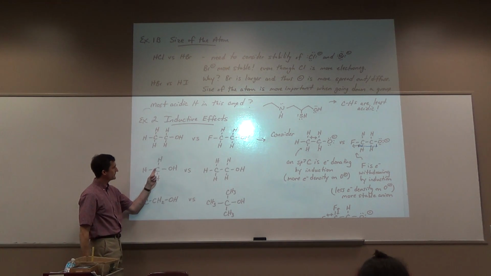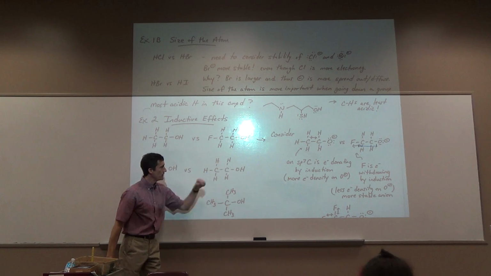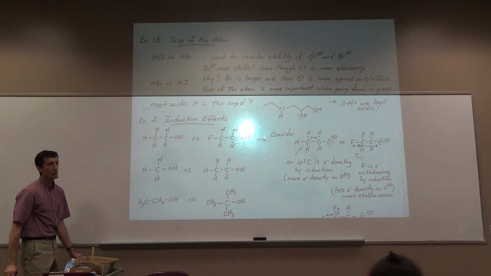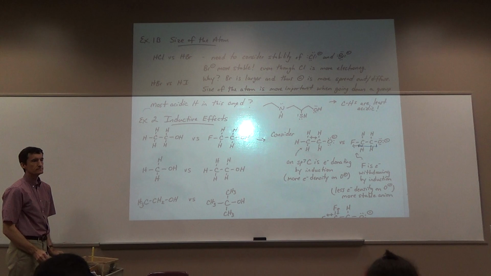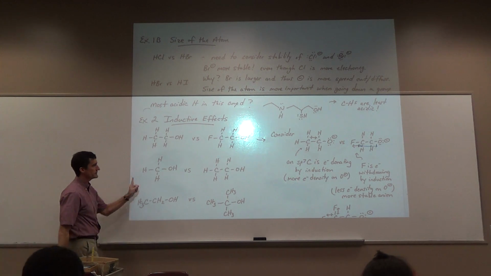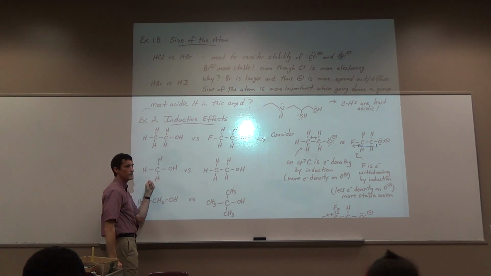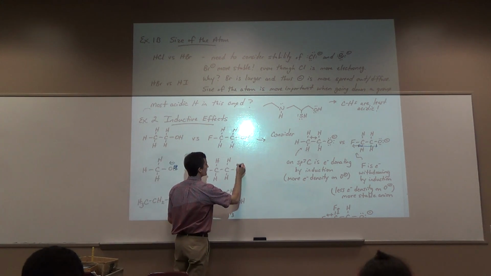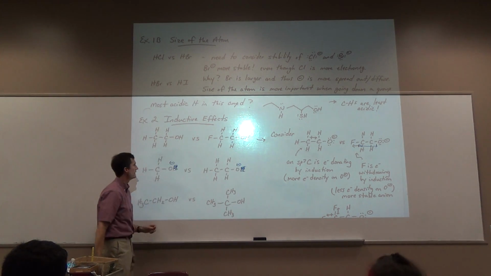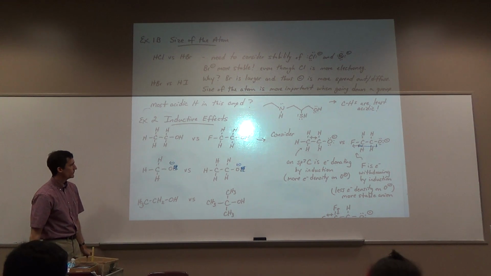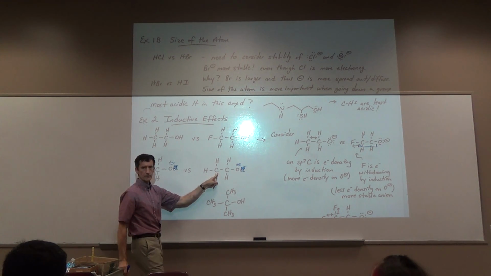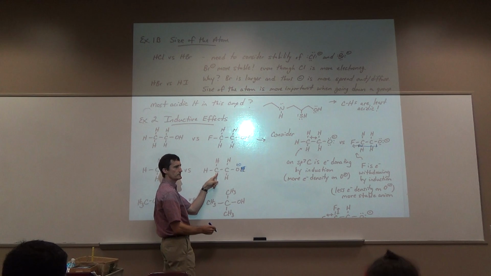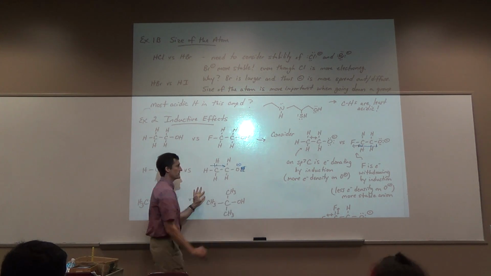Look at here. Methanol versus ethanol. Which one's more acidic? Well, of course, we're considering the O minuses, right? You may do it differently on your paper. Which one's more stable? Well, what's the difference? This one has an extra sp3 carbon. What does it do? Donates.